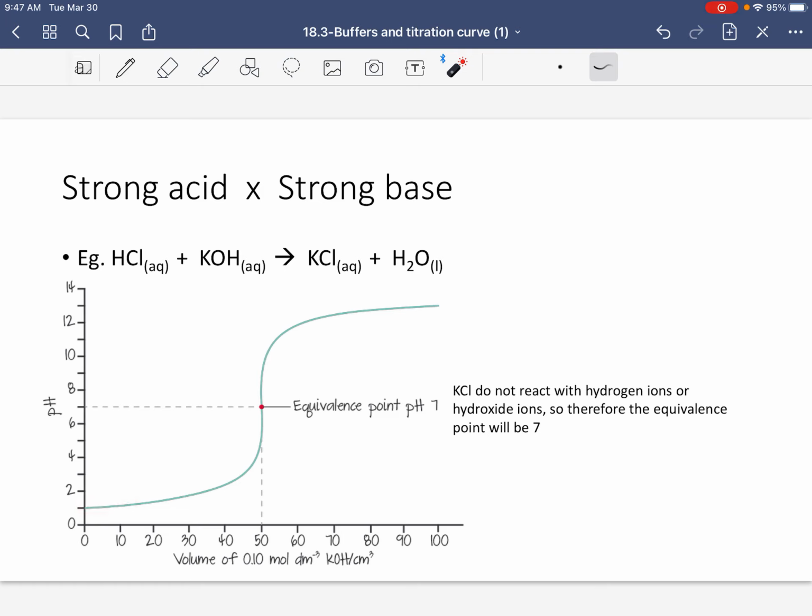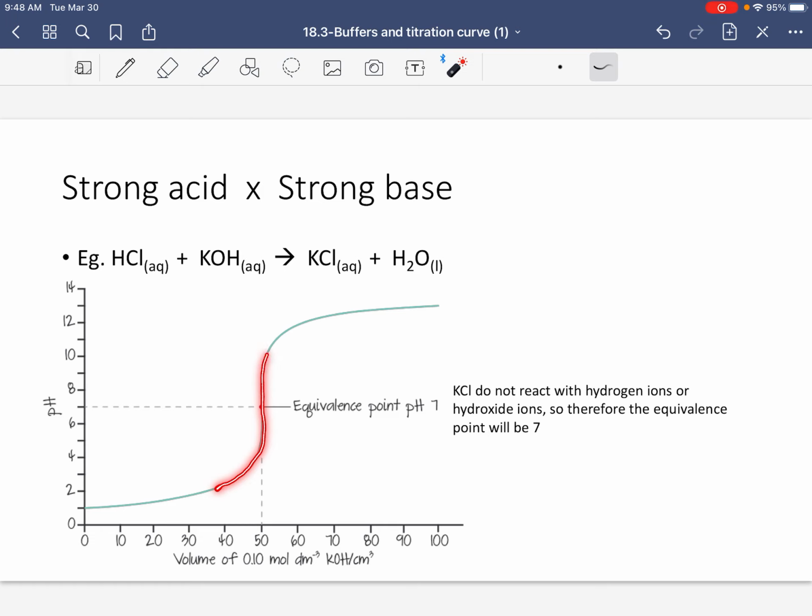But it's not going to go up fast though. You'll see a point where it goes up very, very slowly. But when it gets near the equivalence point, which is right here, this is the point where the moles of HCl will equal the moles of KOH, or at least approaching it, you'll see a very, very sharp turn of pH.